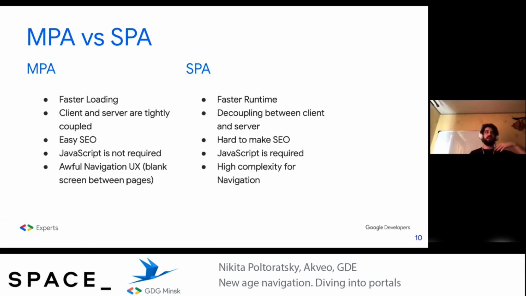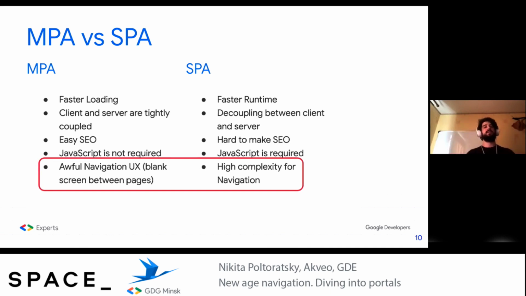On the screen, you see some advantages and disadvantages of both approaches. I will not read them all here. I just want to emphasize the last point in both lists, which is navigation. Multi-page applications provide a really easy way to perform navigation between pages.